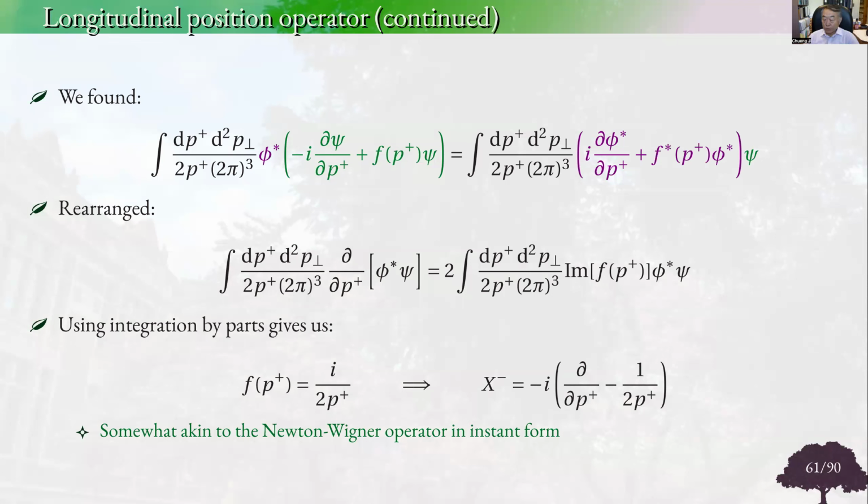But don't you have to think that the instant form dynamics works, and then one can go to the light front dynamics? Actually, there is this formulation that I was working on, the so-called interpolating between instant form and the light front form.